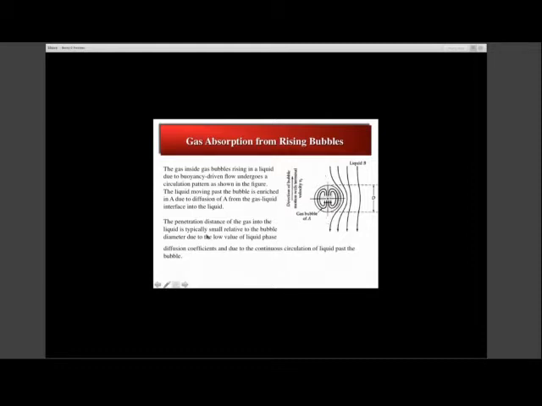And it turns out that the penetration distance of this gas into the liquid is often small relative to the bubble diameter. And this is just due to the fact that the liquid phase diffusion coefficients are slow relative to gas phase diffusion coefficients, and as this bubble rises, you're continuously circulating fresh B past it.